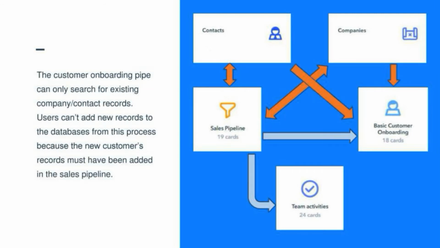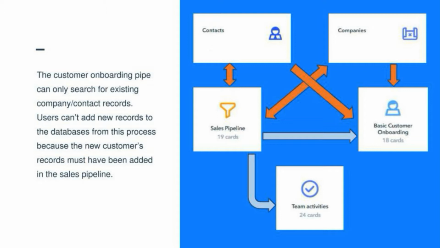The customer onboarding pipe can only search for existing company or contact records. It's only logical that you can't add new records to the databases from this stage, because the new customer's records must have been added in the sales pipeline. Also, since we've automated the connection, it transfers both records, company and contact, from the sales pipeline to the customer onboarding.